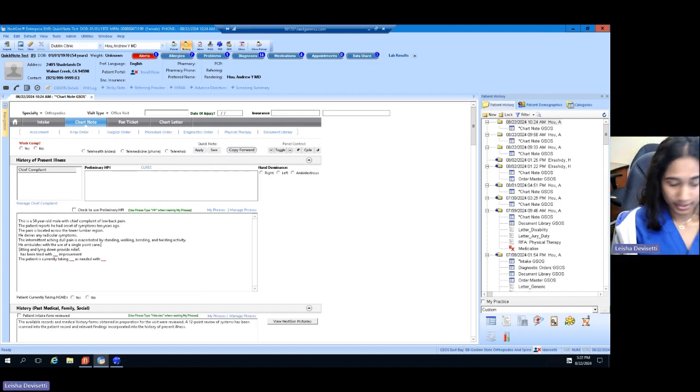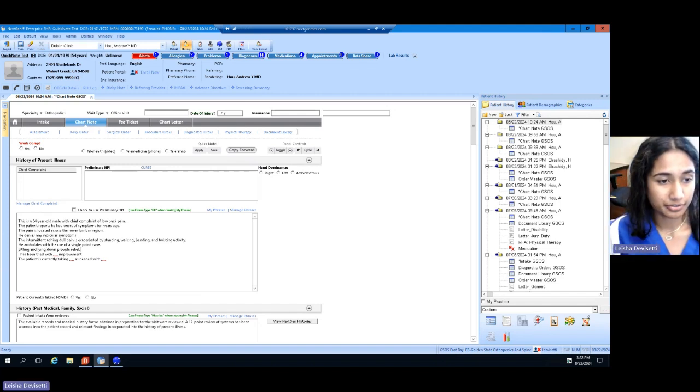And then this next line over here is only reserved for if they've tried putting ice on it, they've tried massage, chiropractic treatment, physical therapy, and if any of those helped, how much did they help? A lot of patients will have tried physical therapy before coming to us.